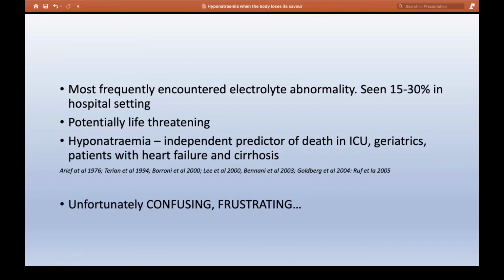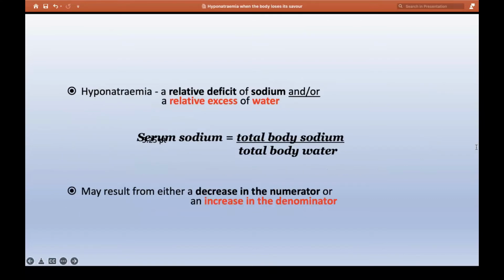It has been shown in various studies that it is an independent predictor of death in both critical and non-critical care centers, ICUs, geriatrics, and also with people who have deranged fluid balances, especially those who have heart failure and cirrhosis. But many of us think that it is confusing or frustrating to manage. Is it so? I pose this question to you.